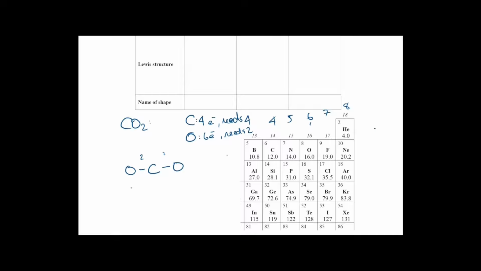If we give this one another bond, it will lose that one, and this one will have 2, 4, 6, and now it has 8, and it loses that one. So each of these oxygens now has 1, 2, 3, 4, 5, 6, 7.